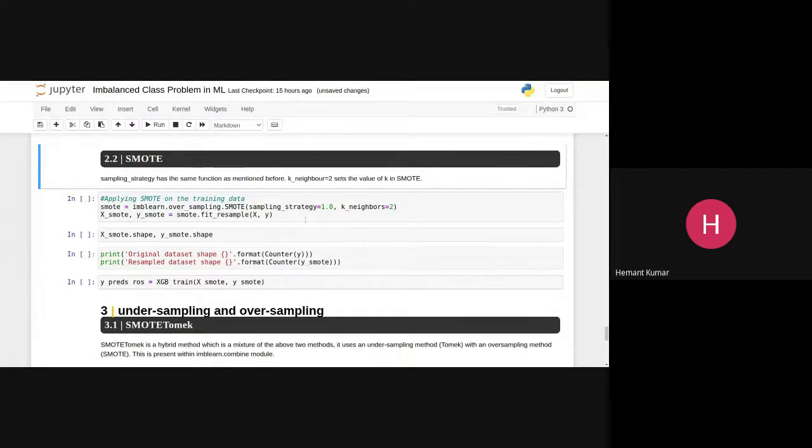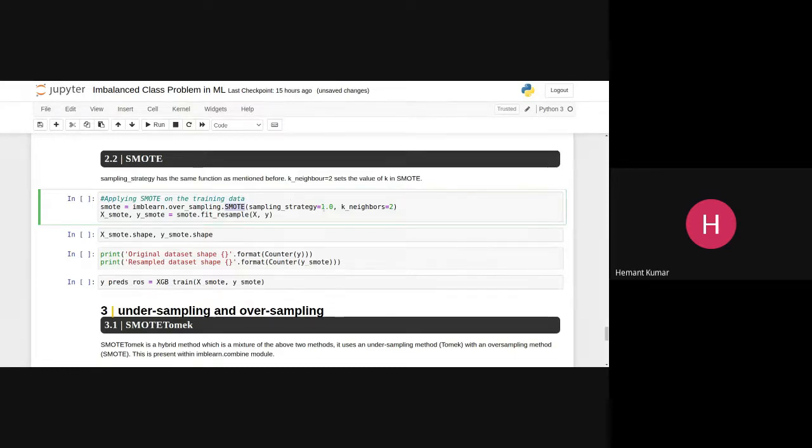And it uses the nearest neighbor algorithm, and in that case we are using the SMOTE function, and the sampling strategy is the same, equal to the majority class. So we have to upsample the minority class equal to the majority class.